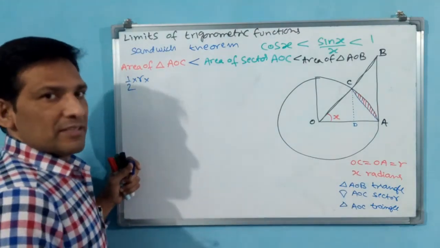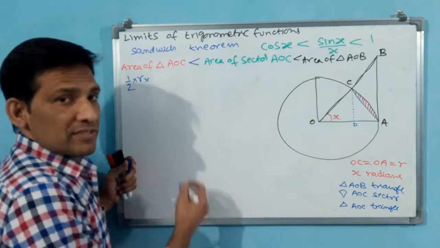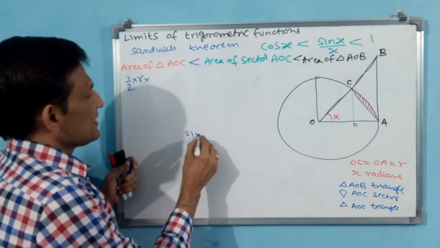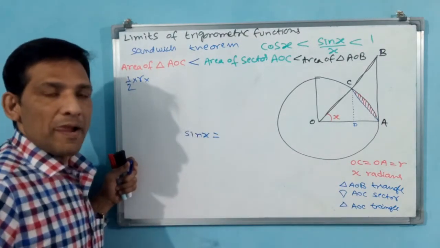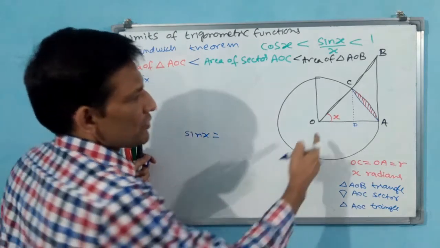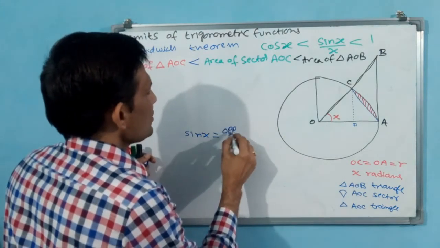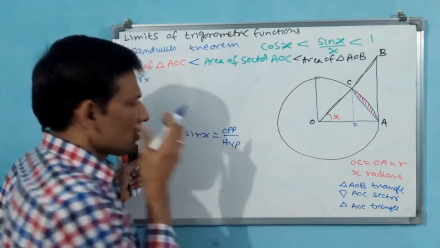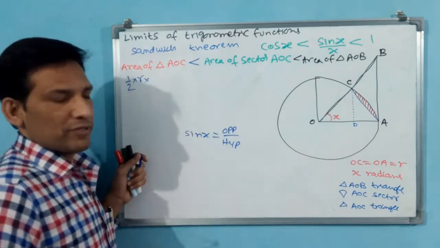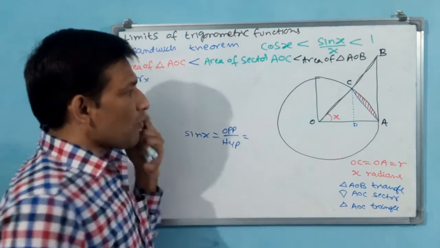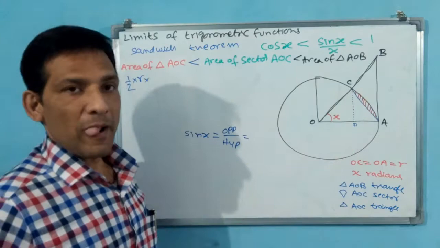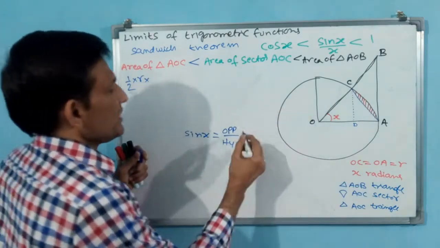You go back to sin theta. Here theta means x. Sin x is equal to opposite side by hypotenuse. Opposite side is what? CD. That only we want now.